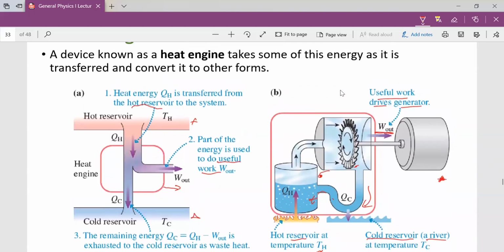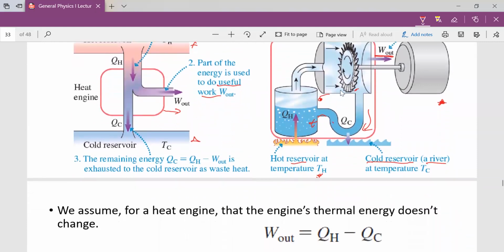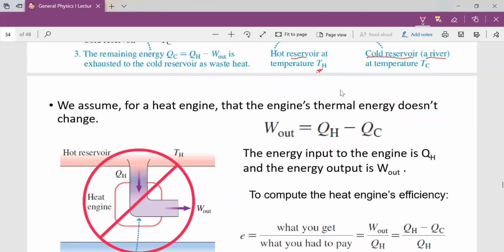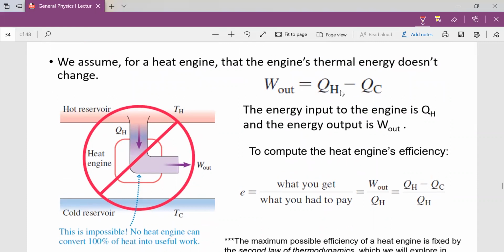So we have such engines functioning this way, using the steam or the process of heating up and cooling, and they are called heat engines. There's something about the heat engine that is worthy of note. The heat engine, and that is the diagram here, cannot have 100% output.